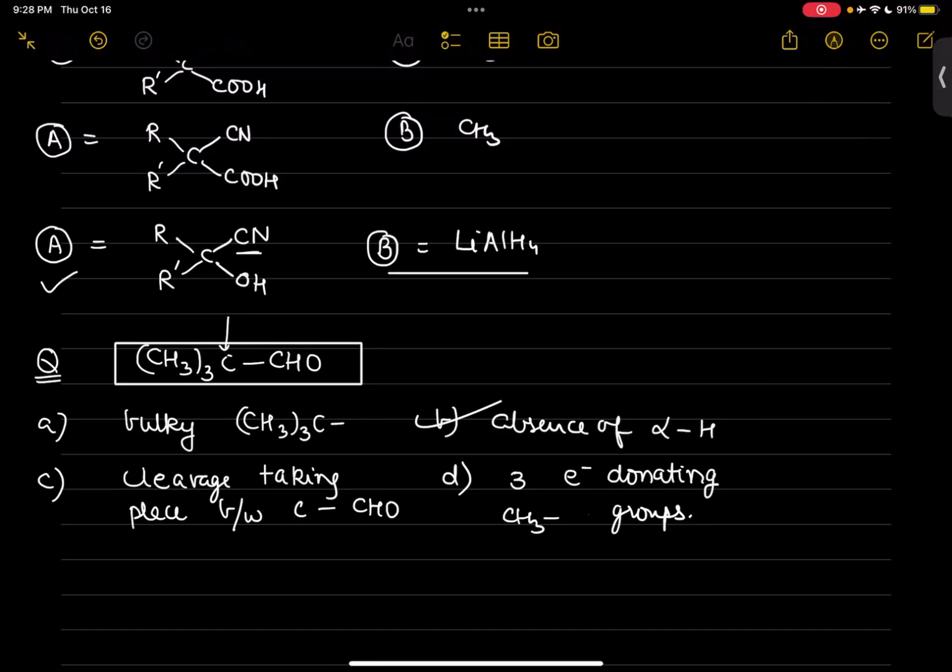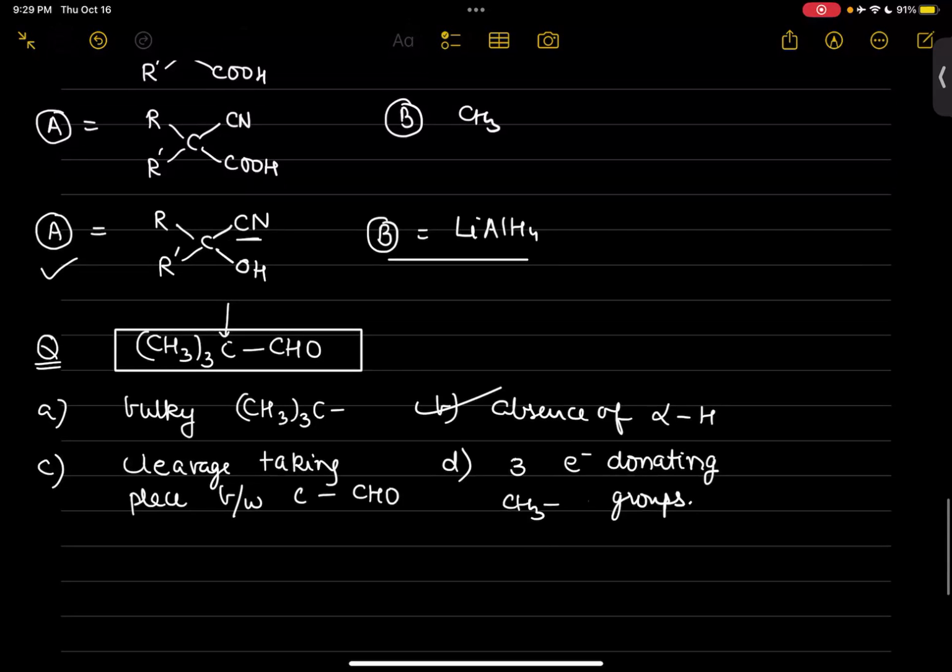Got it. So this molecule will be taken in Cannizzaro reaction. Because those who have alpha hydrogen will give aldol and those who do not have alpha hydrogen will give Cannizzaro. Clear? Is it clear or not?